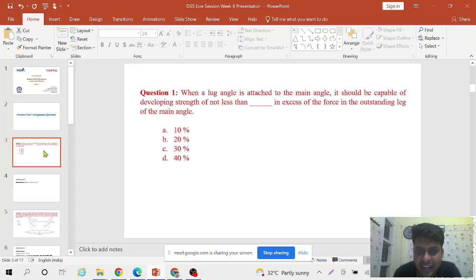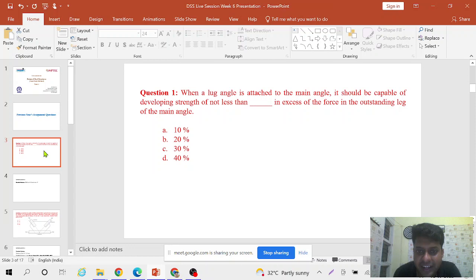Lug angles are provided when the length of the connection is too big and it is uneconomical when the load is high. So the outstanding leg of the angle section is connected with the lug angle so that the efficiency of the connection is increased, and the lug angle is connected to the gusset plate. And one more reason, do you recall?